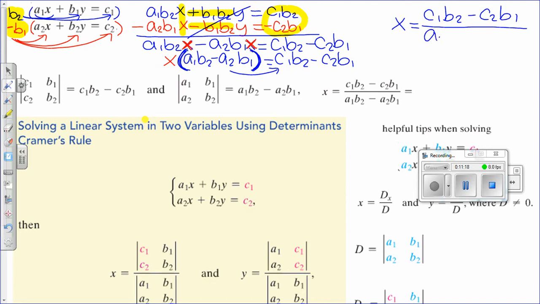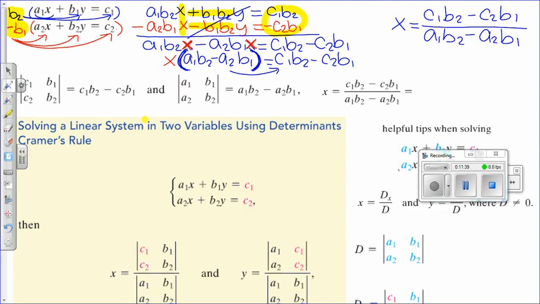So that will be a sub 1, b sub 2 minus a sub 2, b sub 1. So that is the idea behind using determinants to find the solutions to systems of equations.